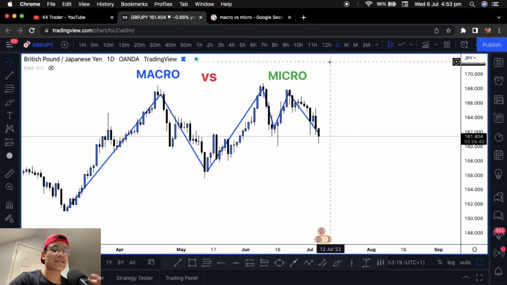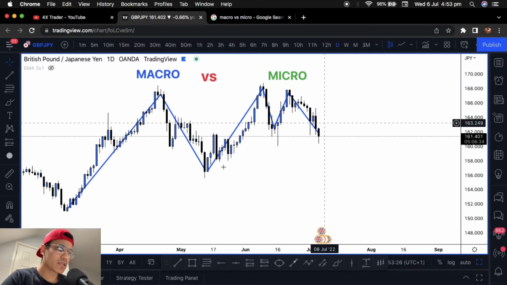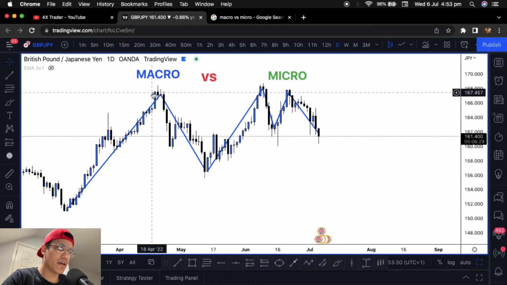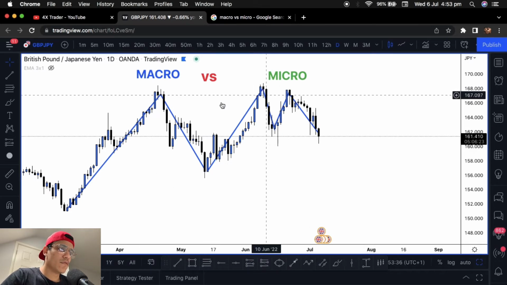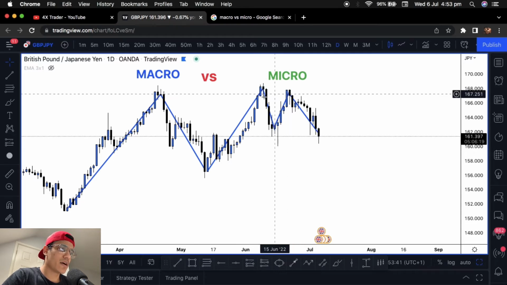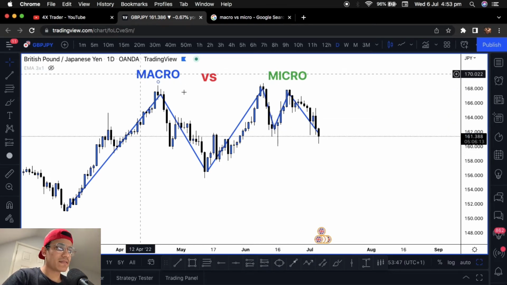So this is a higher time frame, a bigger time frame, a more reliable time frame to take trades based on. Right? You can see the market failed to make a higher high. This high is not broken, and therefore the market has made equal highs here, a lower high there, and then it's now trying to break this low, this market structure low. So this is the macro.